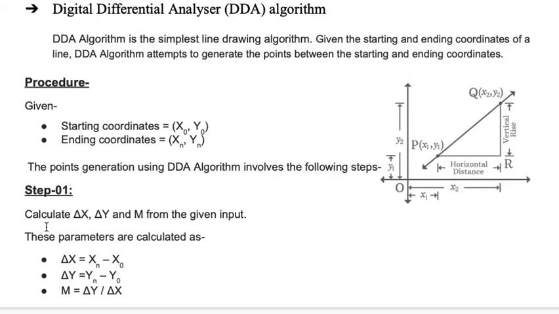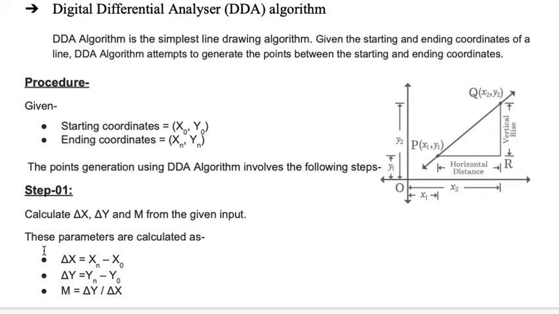Step 1: calculate delta x, delta y, and m, the governing differential equation of a straight line, that is nothing but delta y divided by delta x from the given points.